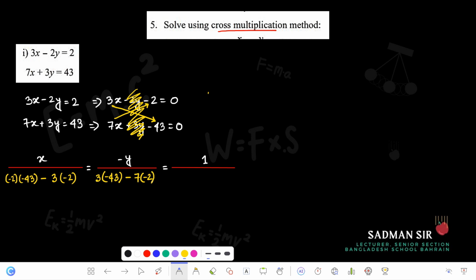Now as I already told you, if you don't want to write this minus here, then what you have to do: we did this multiplication like 3 into 43 first, and then 7 into minus 2, right? But when you don't write this minus and write only y, then you have to multiply 7 into minus 2 first. That means this one will come here, and 3 into minus 43 will go here. If you can remember, you can follow this one also, that's totally up to you. In both cases you will get full marks.